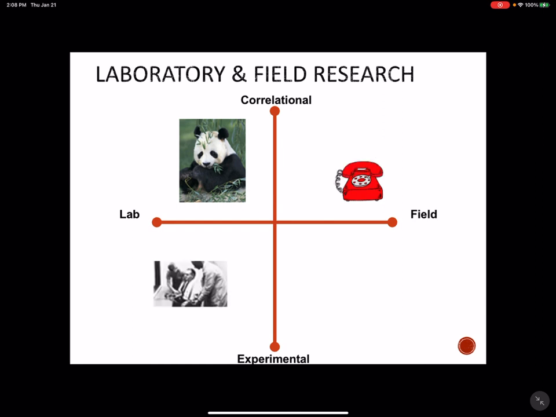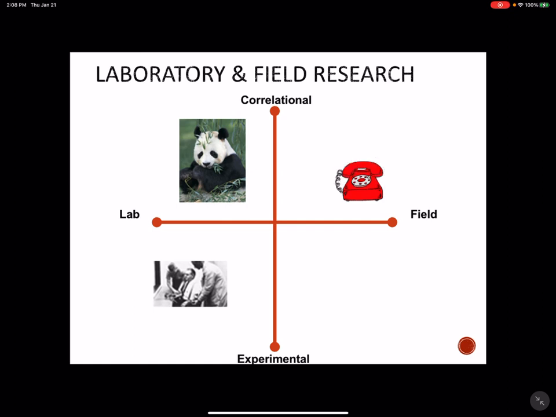Another example is an experimental study done in the lab, and you guys will not know this particular example, but if you've had introductory psychology, you're probably pretty familiar with Milgram's experiment. That's where the experimenters manipulated the ability of participants to give people shocks.